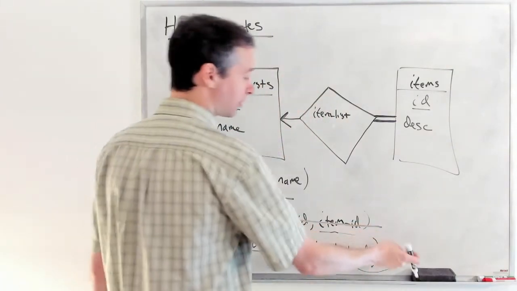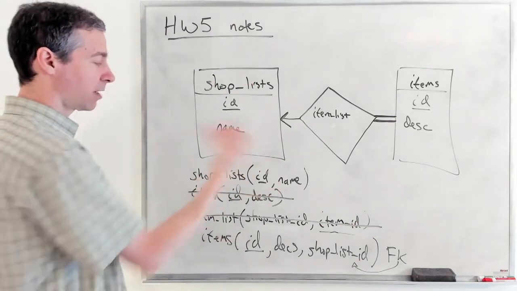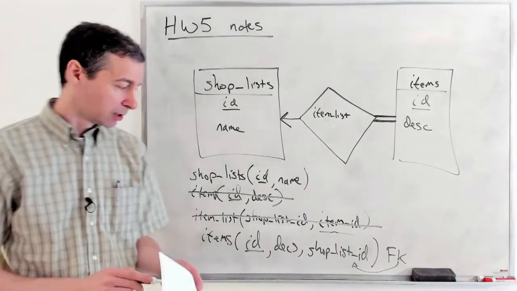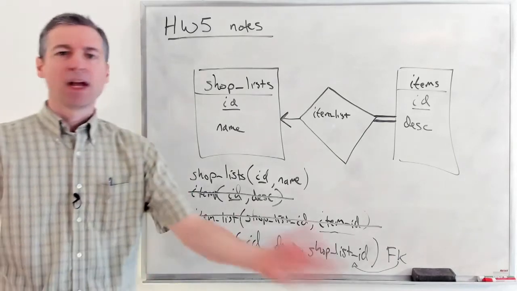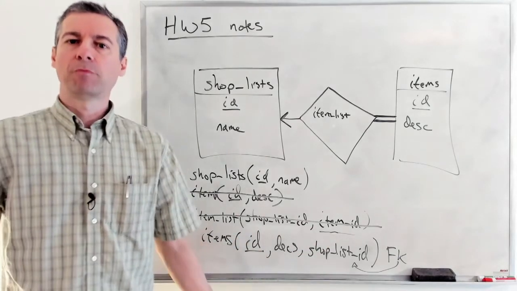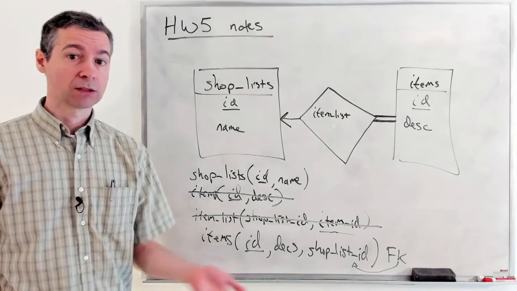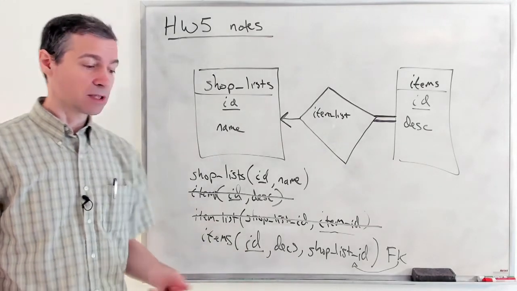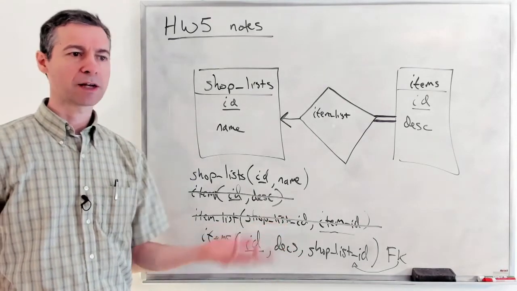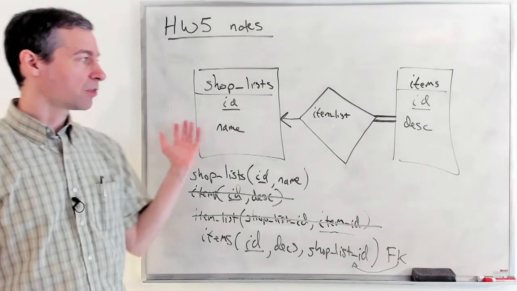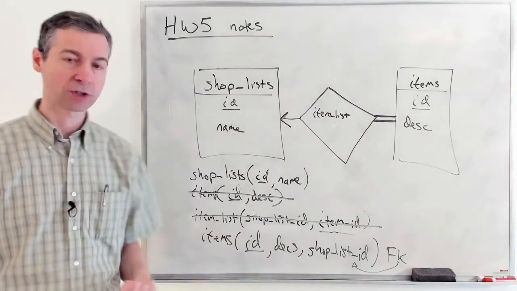You should spell out that foreign key, shop list ID, references shoplists.id, okay? So the great thing here is now you only have 2 tables. It makes your life better to have fewer tables. Things are easier, all right? Just think about writing SQL statements. Oh, it's not as much work. I don't need to deal with 3 tables when I join. I only need to deal with 2 tables when I join.